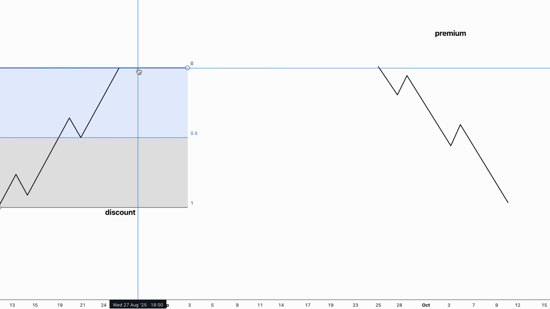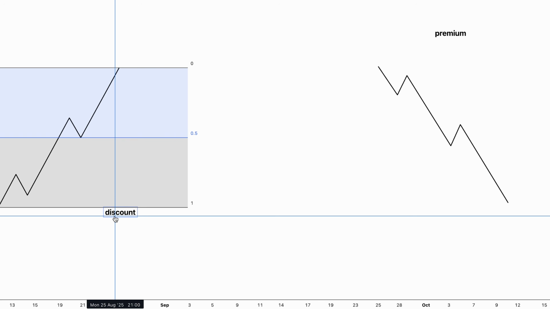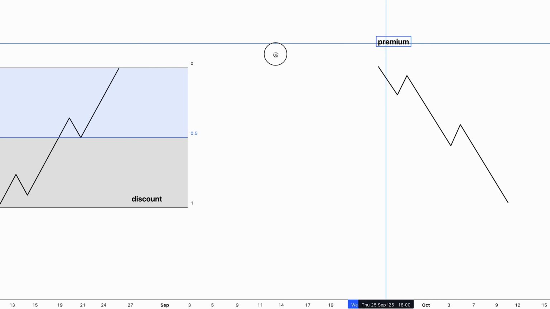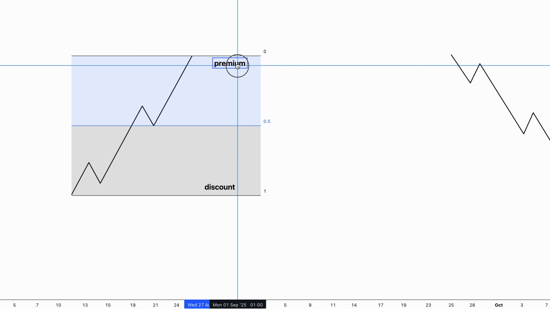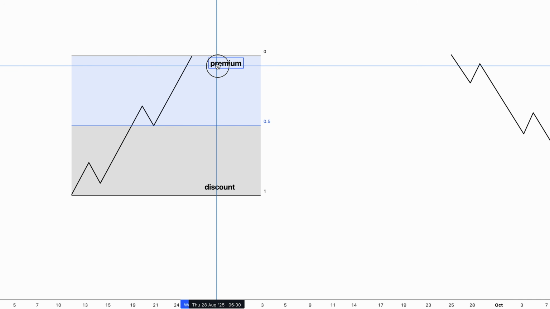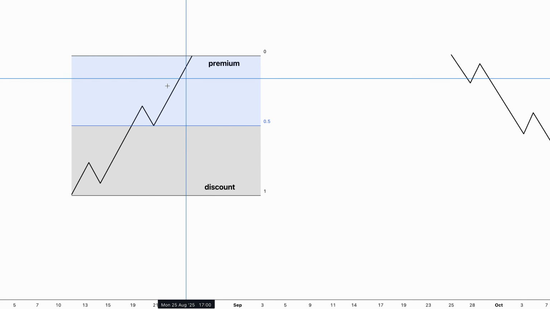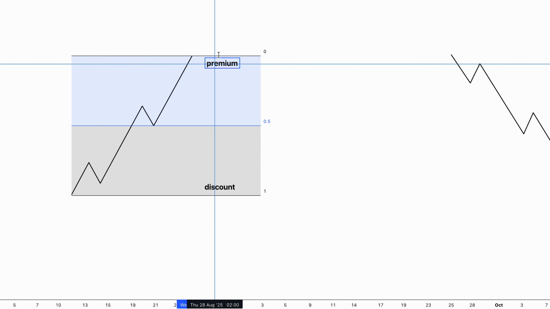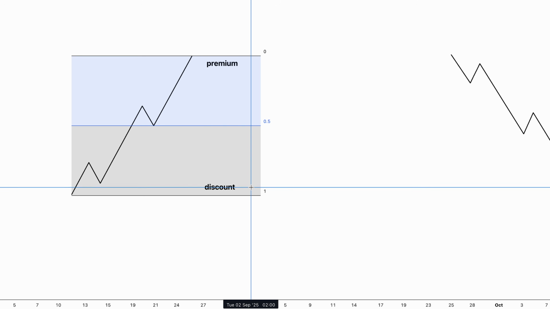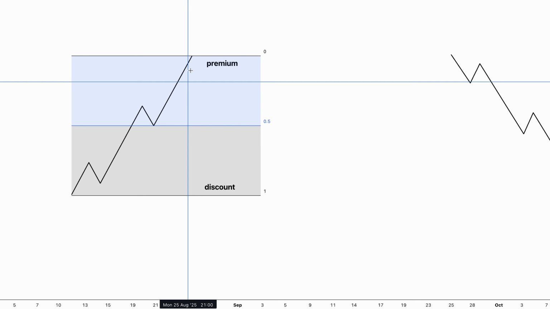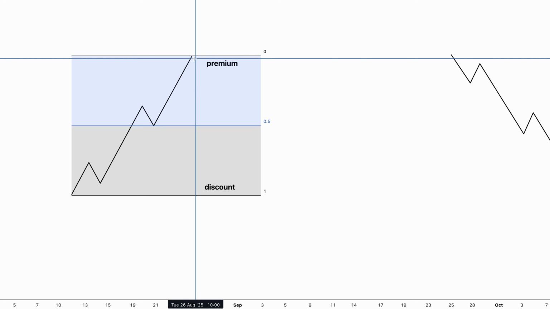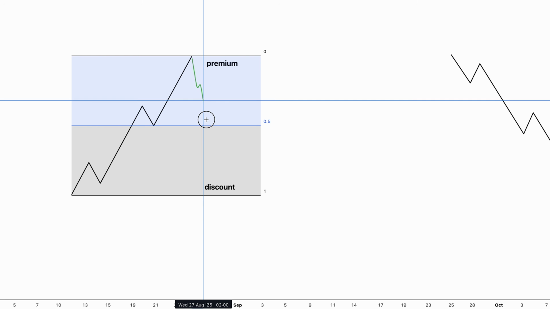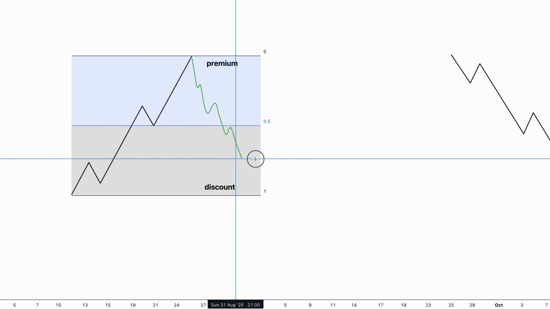We've got our premium and discount ranges pretty much automatically placed onto this chart. So anywhere above the 50% mark is going to be seen as a premium price because we are trading higher than halfway in the current leg of movement. Anywhere beneath the 50% mark is going to be seen as a discount price because at this point, you've got a 50% or more discount on the asset from where it is trading as of right now, okay?